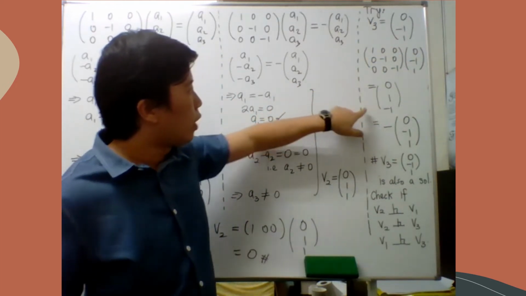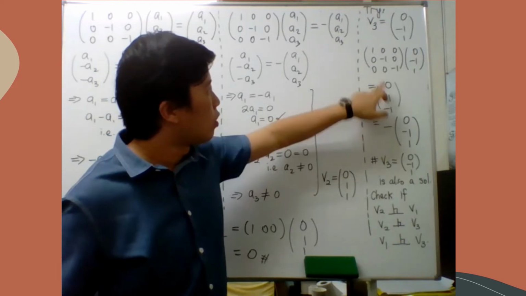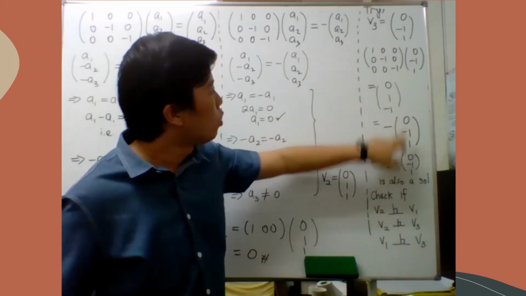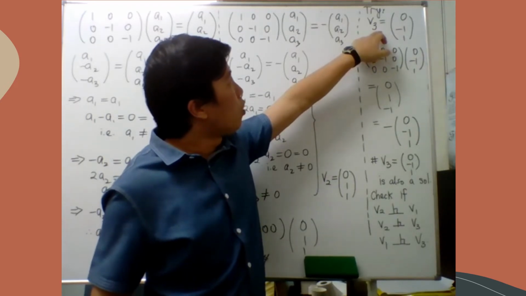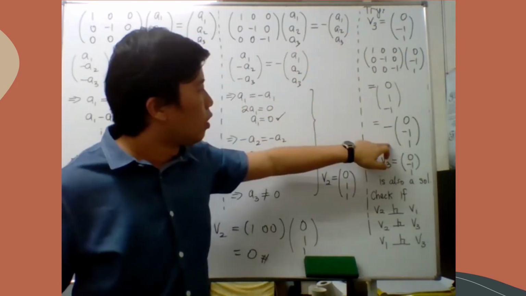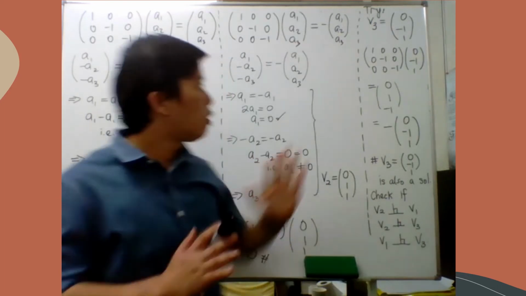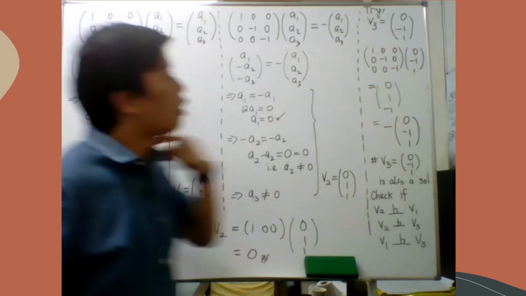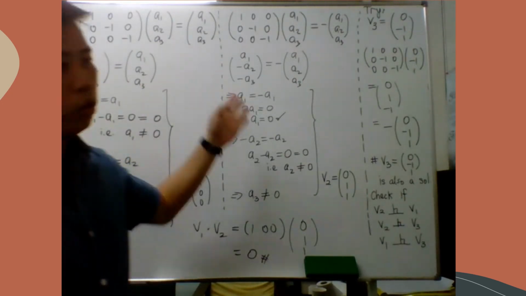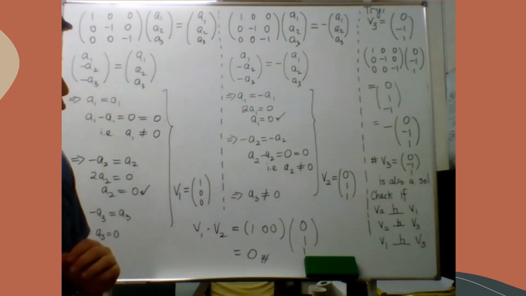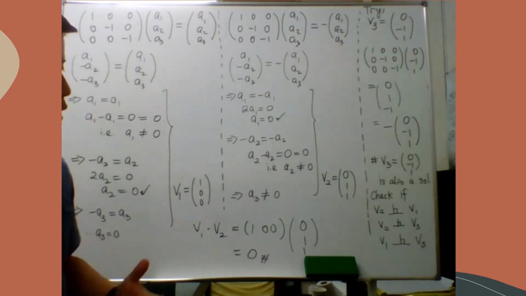And you can take out the negative over here, so you have 0, minus 1, 1. So 0, minus 1, 1 is in fact the eigenvector that you put in on the left hand side. So therefore this shows that this v3 equals to 0, minus 1, 1 is a solution to your matrix equation, or your eigenvalue equation. Okay, so that is the thing that we have done.